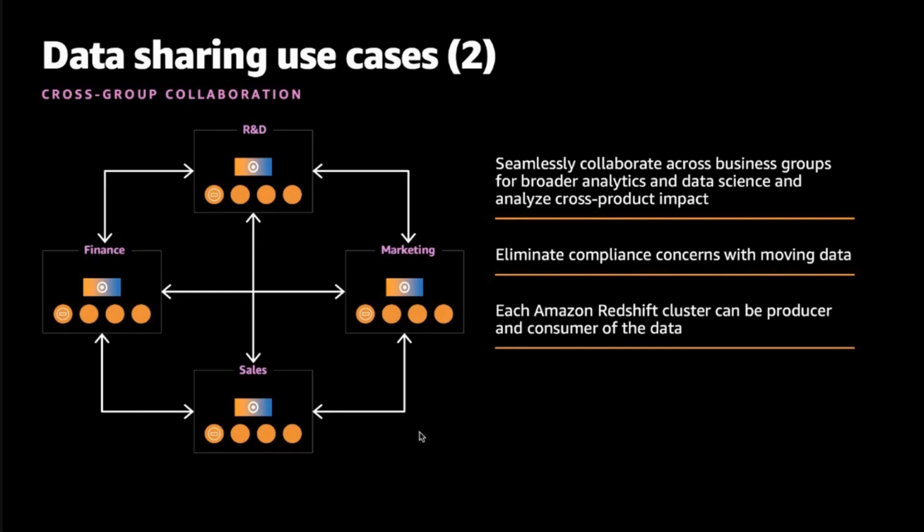And with data sharing, they also don't have to worry about compliance concerns with manually moving the data. Each of these Redshift clusters can be a producer and a consumer of the data. So the sales team, for example, might be sharing some specific data sets with marketing, and marketing can share some data sets with sales. So data sharing is a two-way concept.